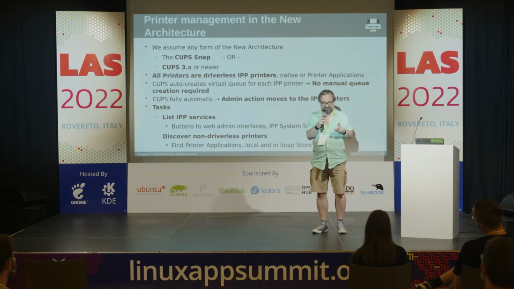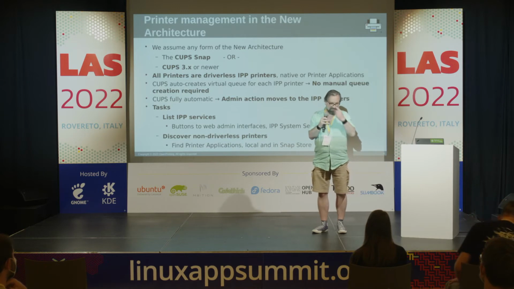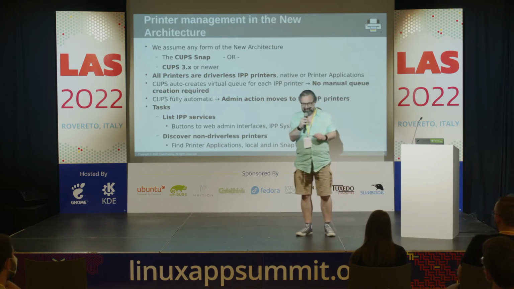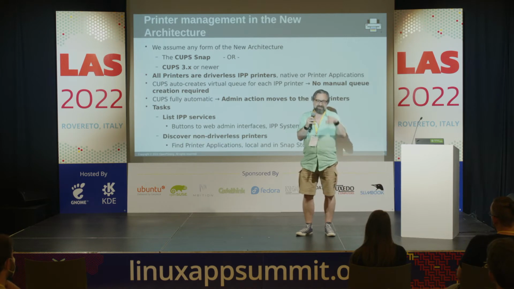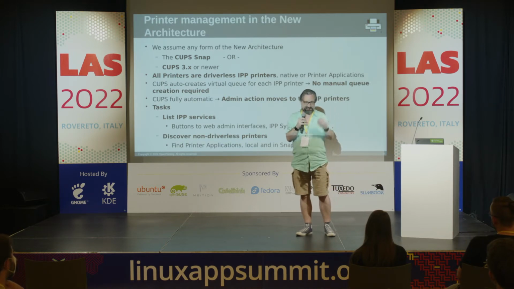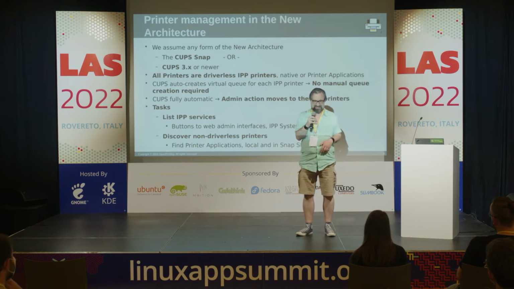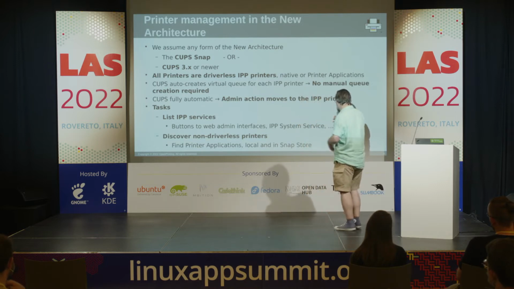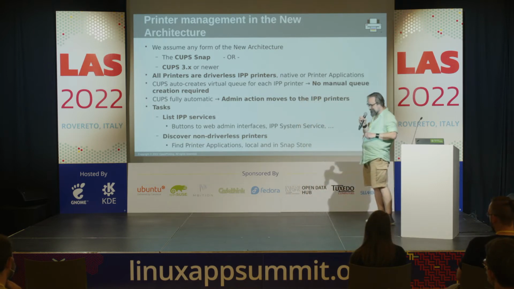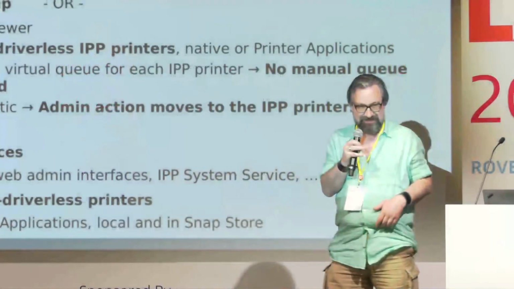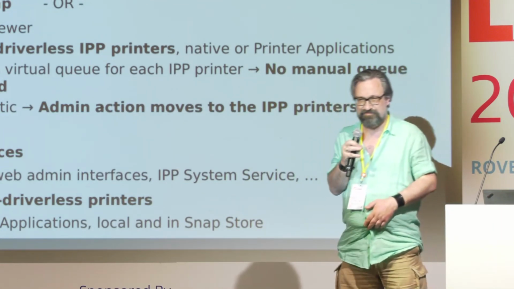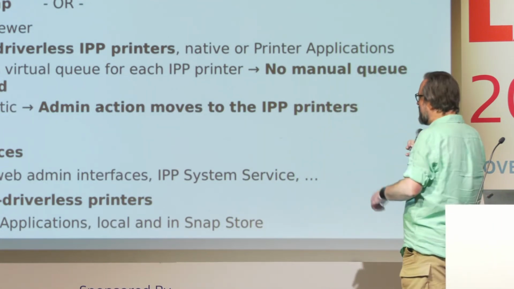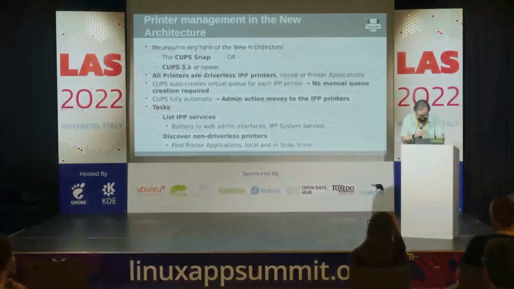We send the device ID to the OpenPrinting web server, and there we will have a service which knows all the printer applications which we have, and this service will answer back a list of printer applications which support this printer in desirability order. And so the printer setup tool knows which printer application to install from the Snap Store, configures the printer and the printer application, and then the printer is an IPP service and appears in the main window.